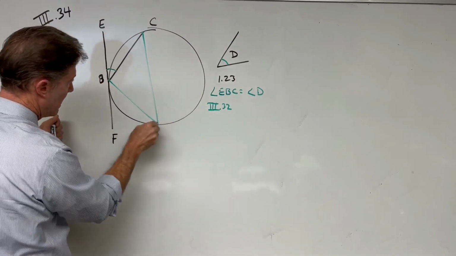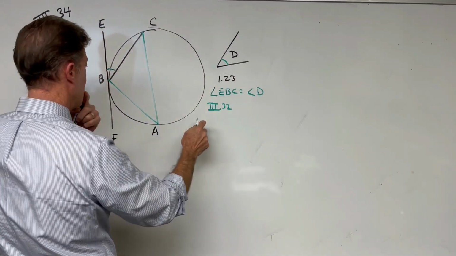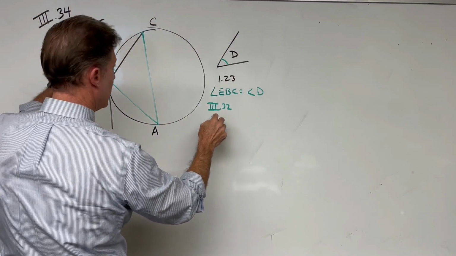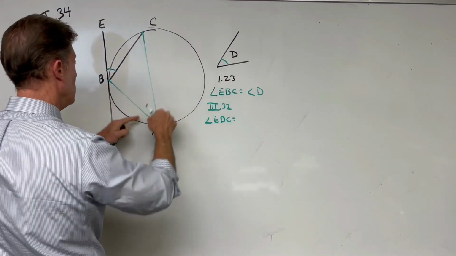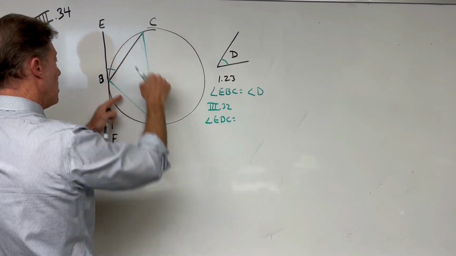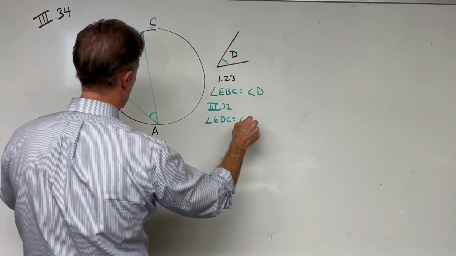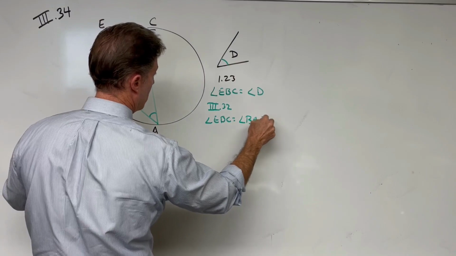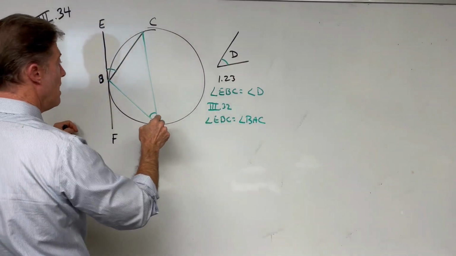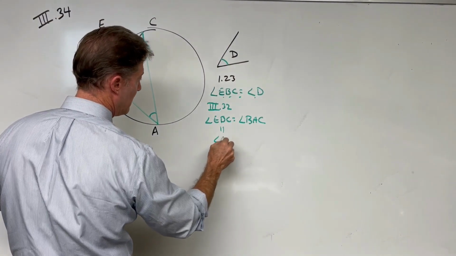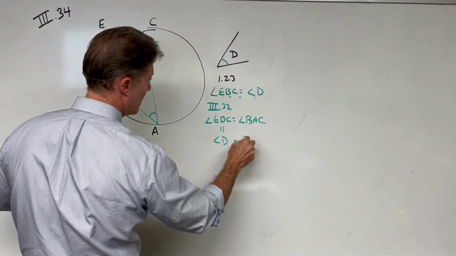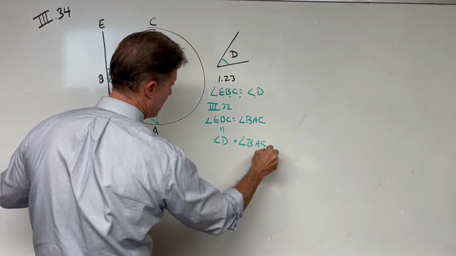So we can create any angle we want inside this segment, but we know that the angle EBC will be equal to the angle in the alternate segment. So angle BAC. But EBC was made equal to angle D, therefore angle D is equal to BAC.